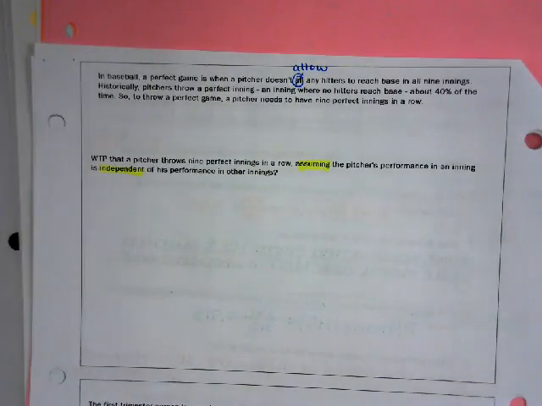What's the probability that a pitcher throws 9 perfect innings in a row, assuming the pitcher's performance in an inning is independent of his performance in other innings? So that part is key. We're going to assume independence. And we want to find the probability of a perfect game.